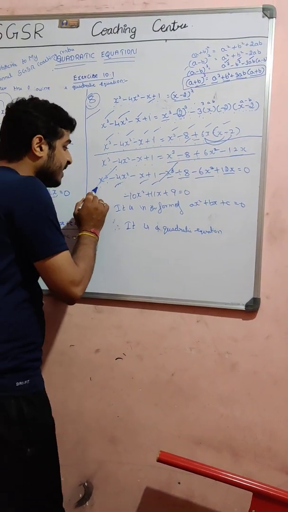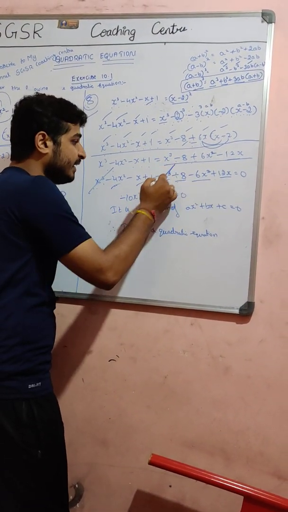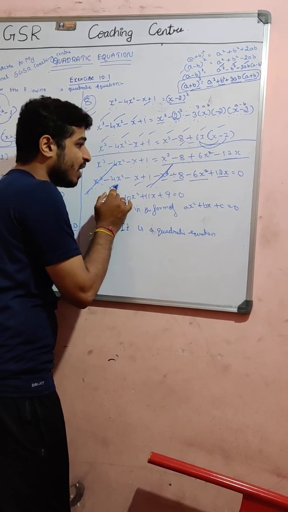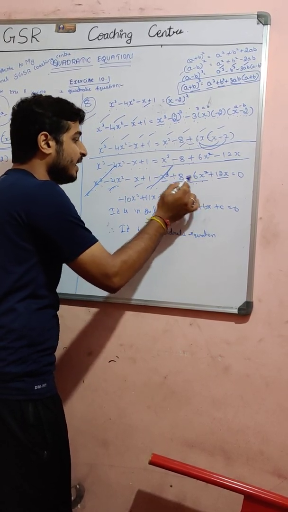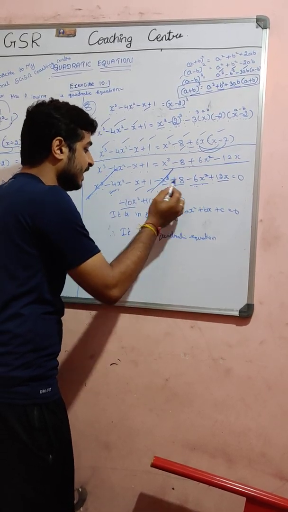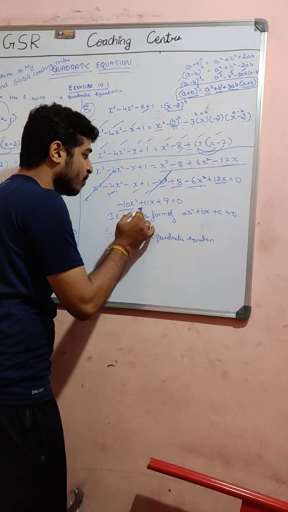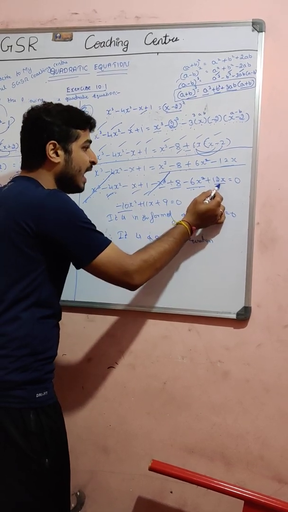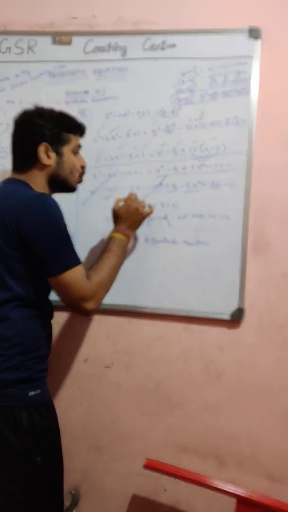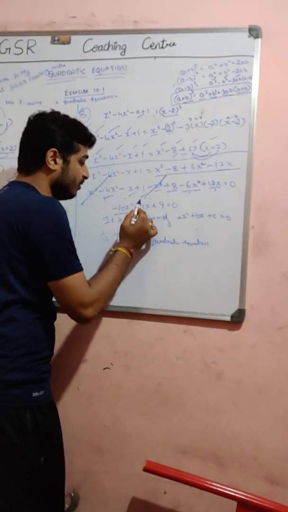Now plus x cube minus x cube, it gets cancelled. So only the term is minus 4x square minus 6x square, it gets added up. So 4 plus 6, it becomes minus 10x square. So plus 12x minus x, it becomes 12 minus 1, which is 11x.